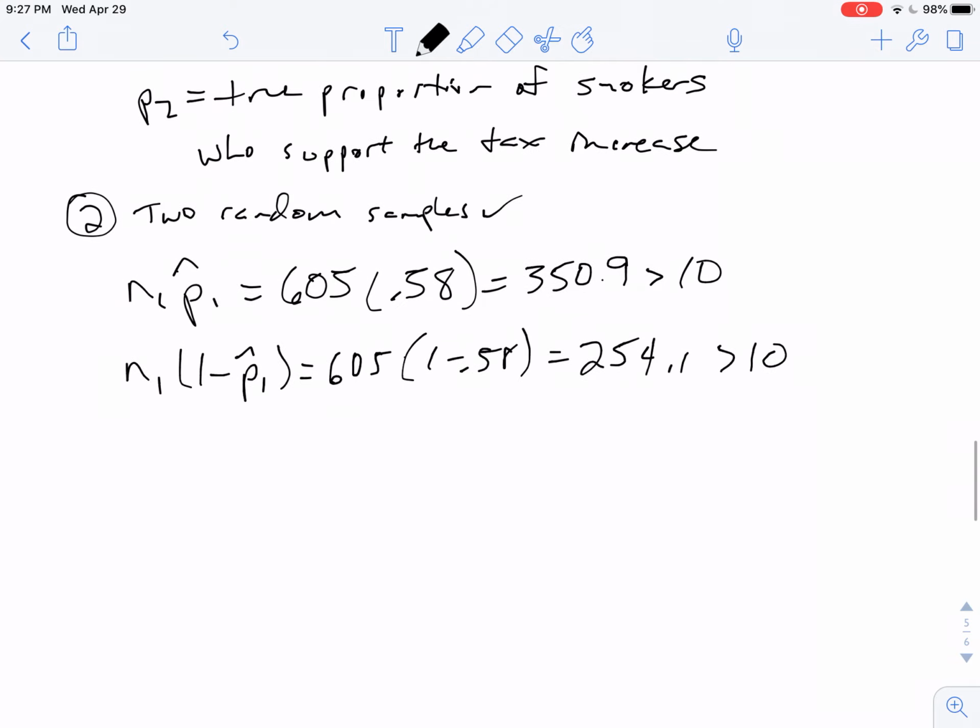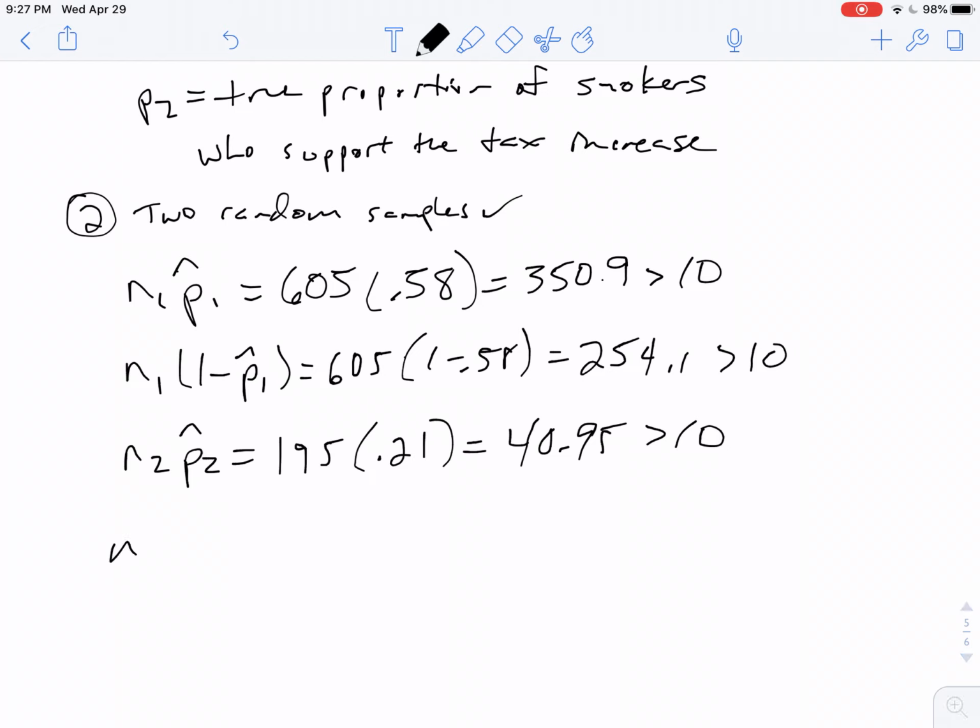Moving then to the second sample, N2 times P hat 2, 195 times 0.21. That's 40.95, which is greater than 10. And N2 times 1 minus P hat 2.